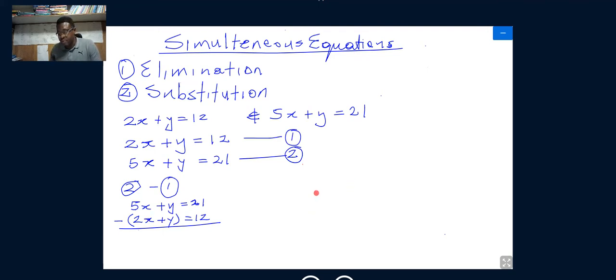It's important for you to understand all the properties and laws so that you can identify them.